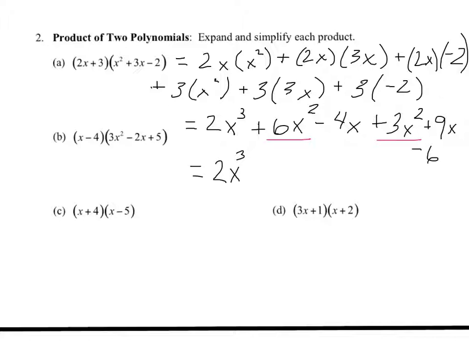So I'm going to add 9x squareds. And then I have a 4x and a 9x. Sorry, that's a negative 4x, isn't it? So that's going to leave me with plus 5x and then minus 6. And now this is in simplified form.